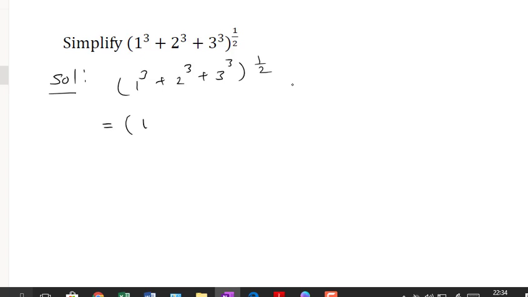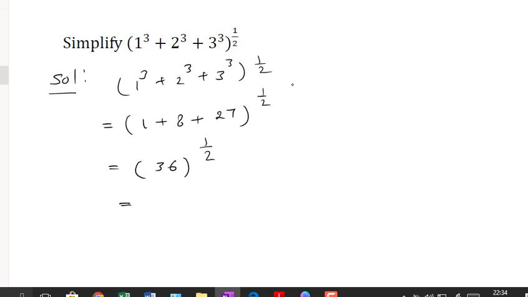Now 1 cube is 1, 2 cube is 8, 3 cube is 27, the whole power 1 by 2. Now 1 plus 8 is 9, 9 plus 27 is 36.